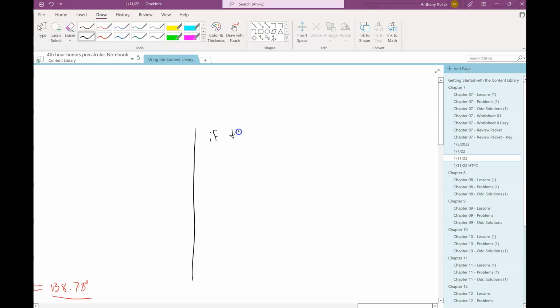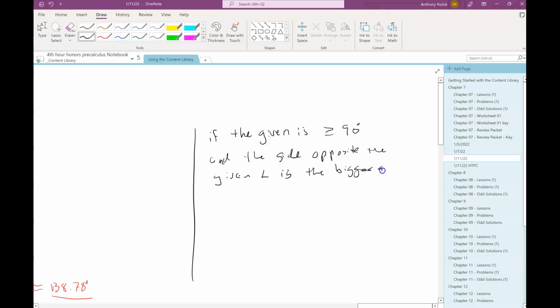So there's two situations. If the given angle is greater than or equal to 90 degrees, so if it's obtuse or right, and the side opposite the given angle is the bigger side, oh, let's say smaller.